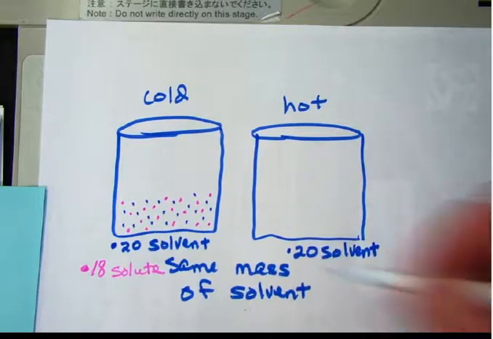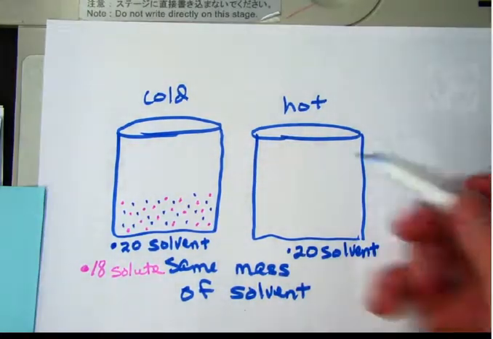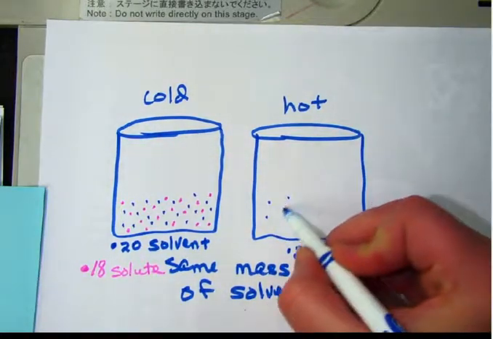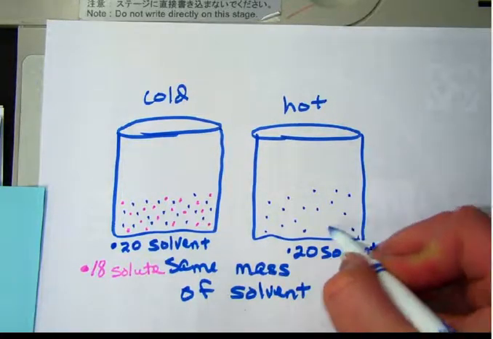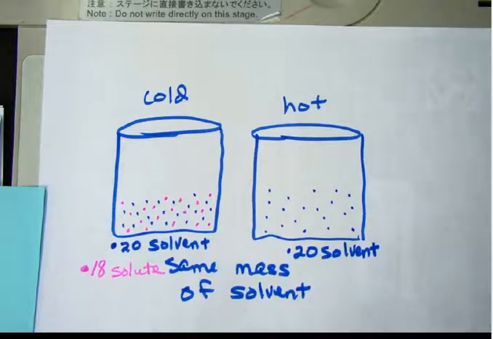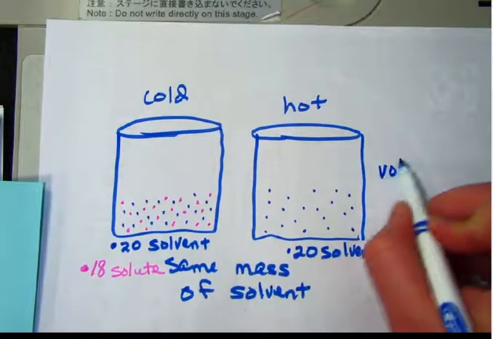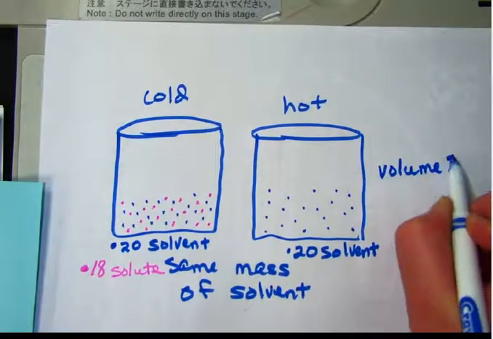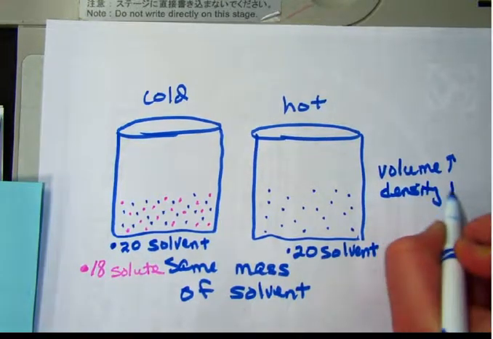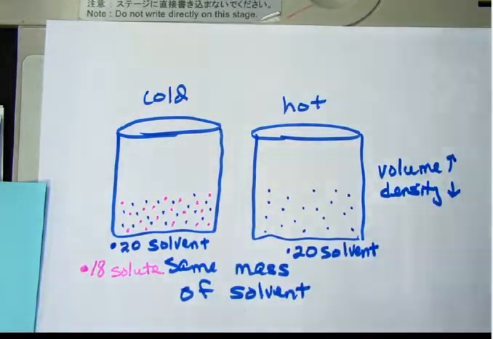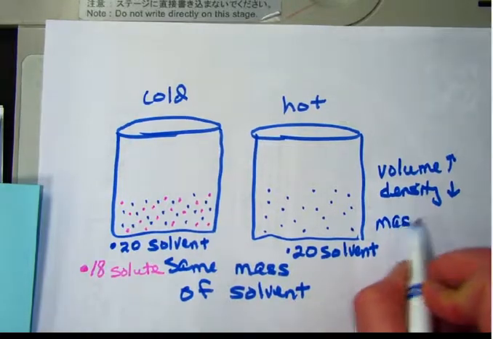So let's put in our 20 particles farther away from each other. There's my 20 particles. You'll notice that the volume has increased. My density has decreased, and my mass has stayed the same.